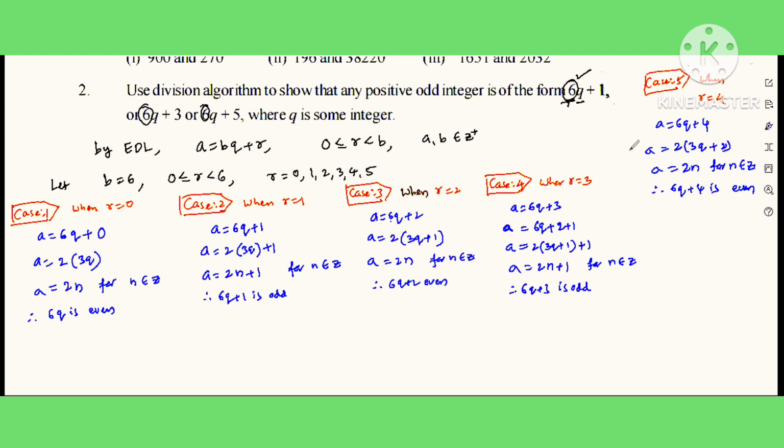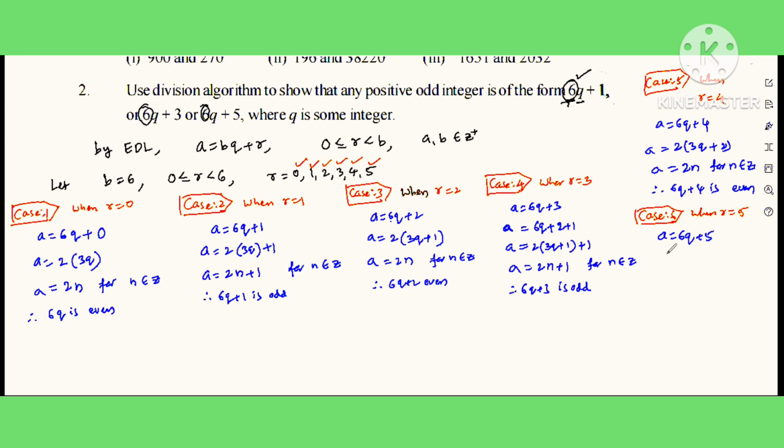In the last cases, we have completed 0, 1, 2, 3, 4. Now we have to take 5. So case 6. When r equal to 5, what do you get now? Again, we get a equals 6q plus 5.